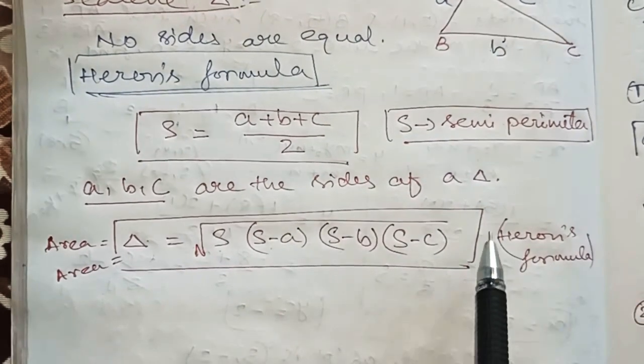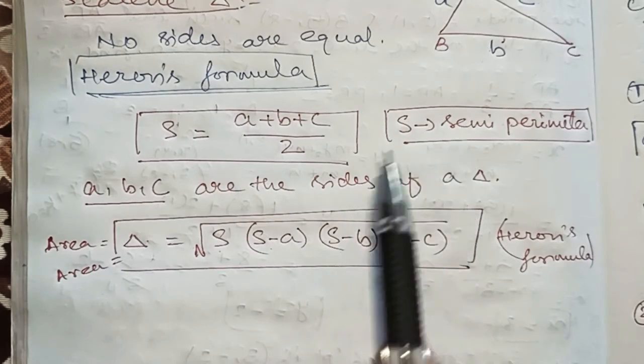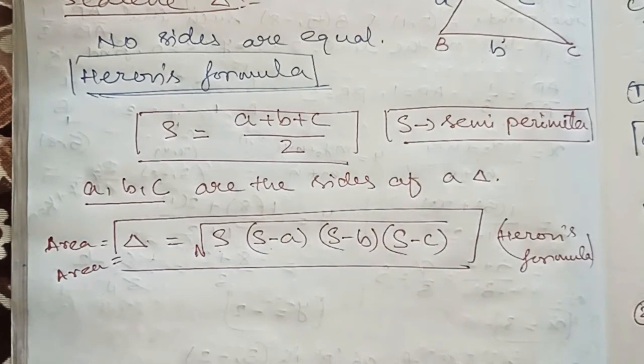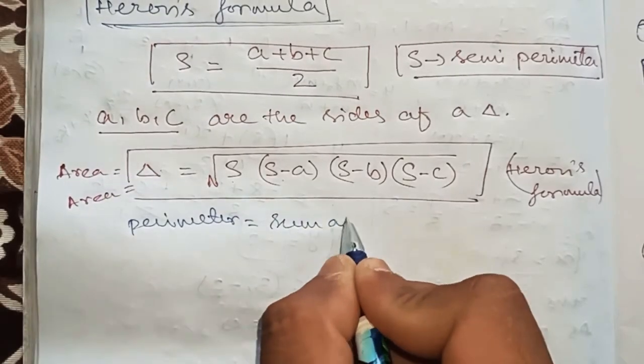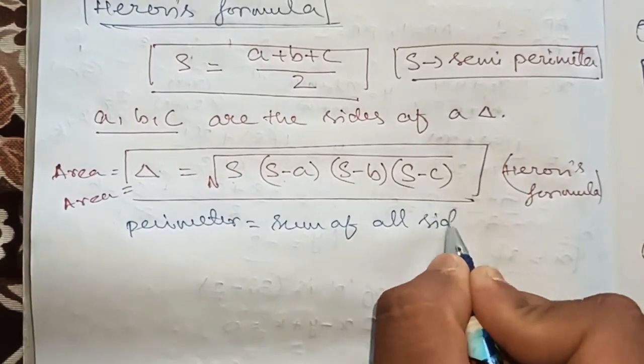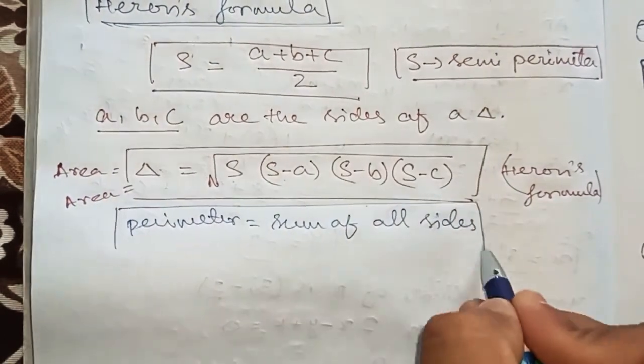You have to use Heron's formula to calculate the area for any scalene triangle. Perimeter is same, sum of all the sides, as you know. Getting? Sum of all sides.